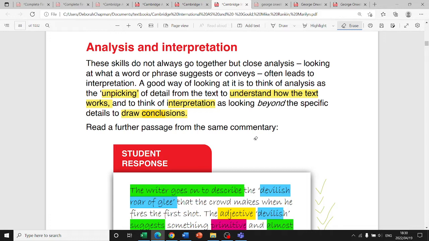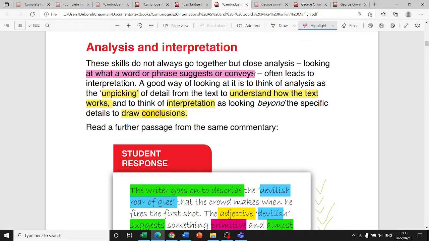Close analysis is looking at what a word or a phrase suggests or conveys. As we saw in IGCSE Success, when doing our analysis we learned that we need a point, evidence, explain method.